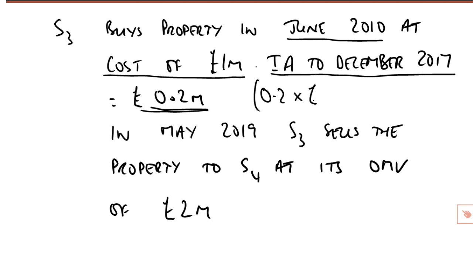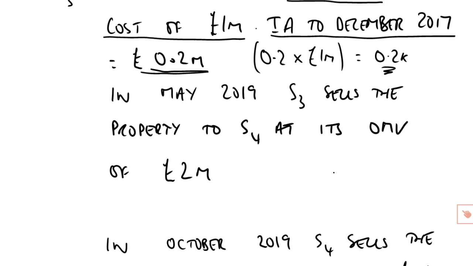And obviously 0.2 times an allowable cost of 1 million, well, that would equal 0.2 million pounds there. That would be the indexation allowance. So it wouldn't be a difficult exercise for you to work it out for yourself. So the cost, 1 million, indexation to December 17, 200,000. That is as far as indexation goes.